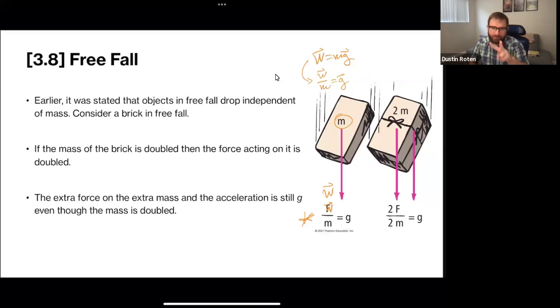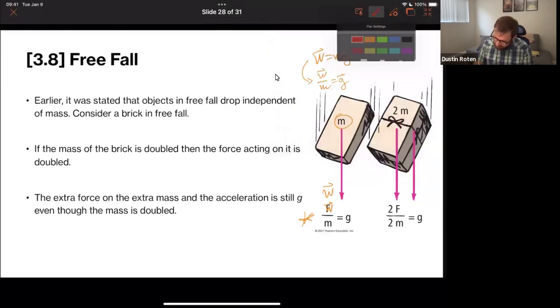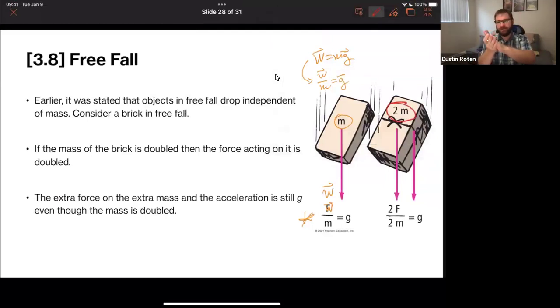But look at what happens if we double this. So we drop two bricks tied together. Now we have double the mass. You can look at the math: we double the mass, but we also double the force, right? There's twice as much stuff for the Earth to be pulling down.